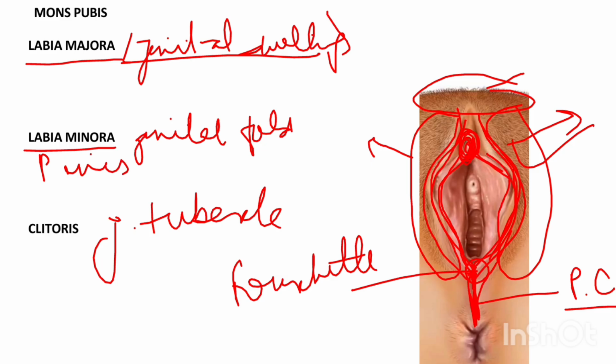Labia minora is homologous to the ventral aspect of the penis. Now we will discuss the clitoris.